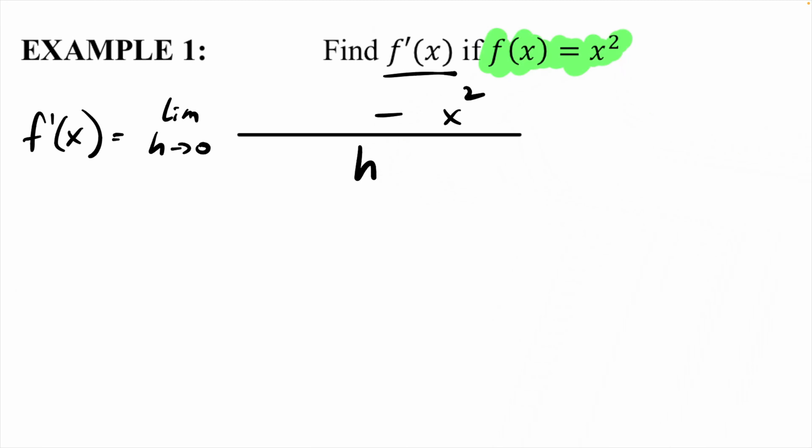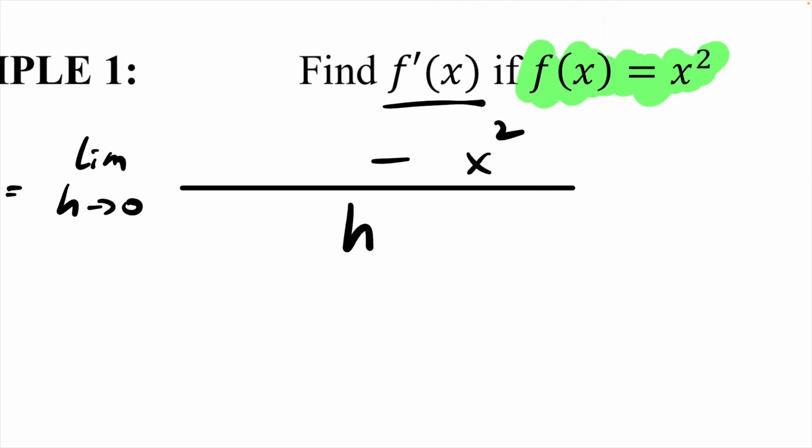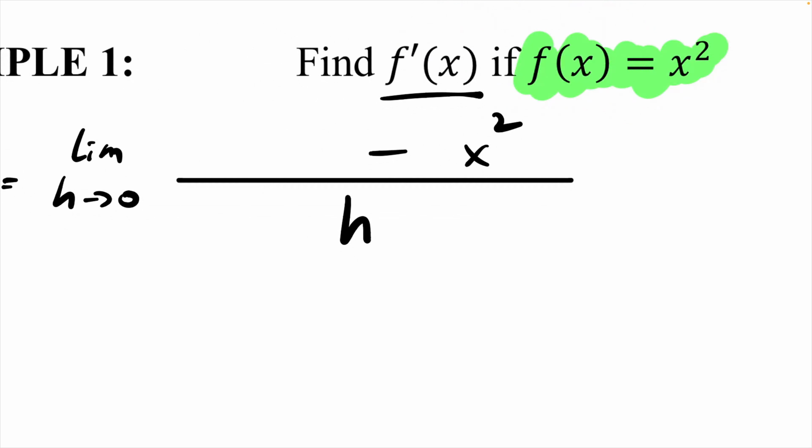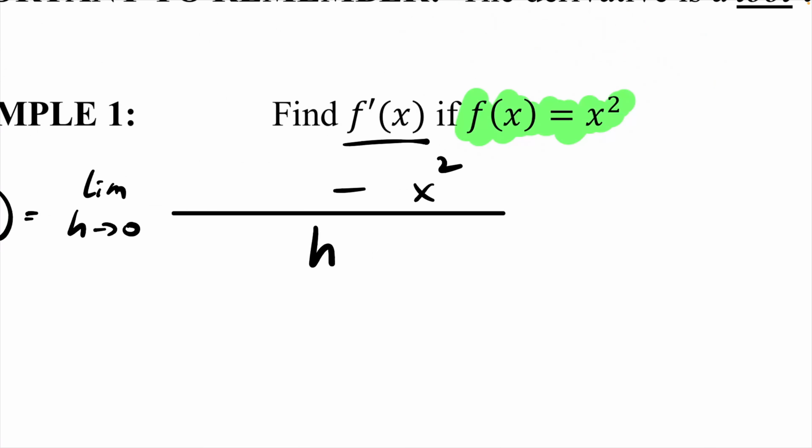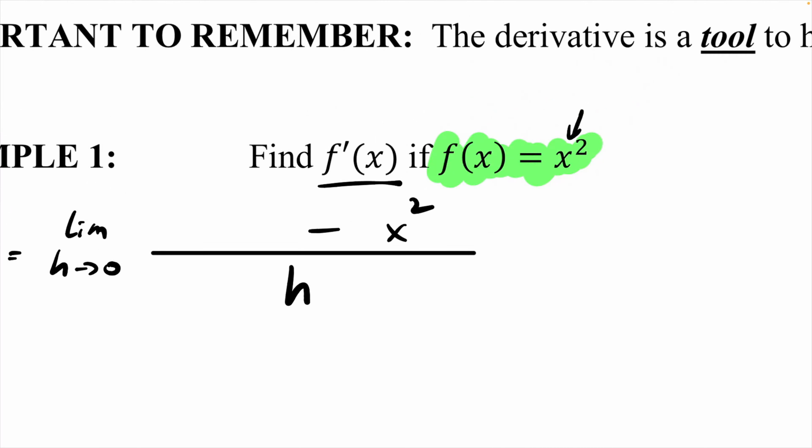Okay, so let's go to our function. There's only x, right? So what we're going to do is plug in x plus h in there. What is that going to look like? x plus h squared. There you go.